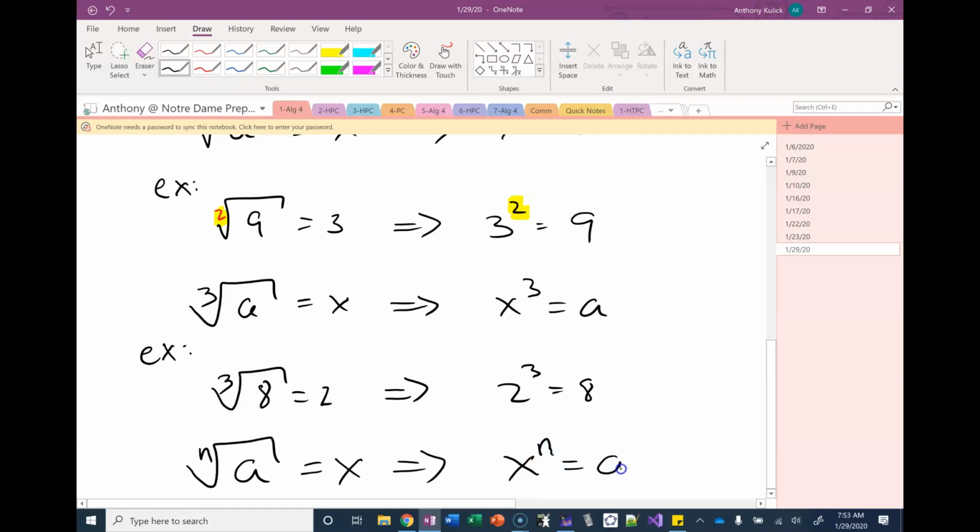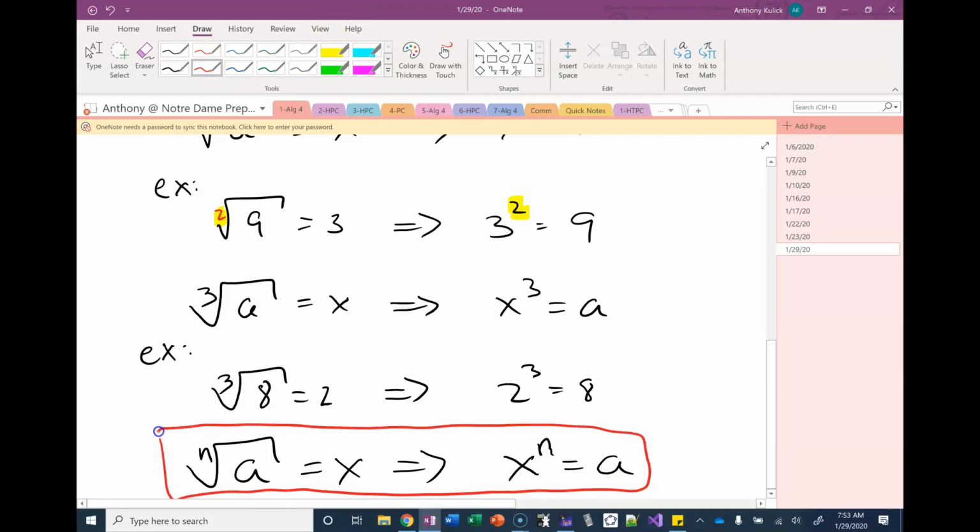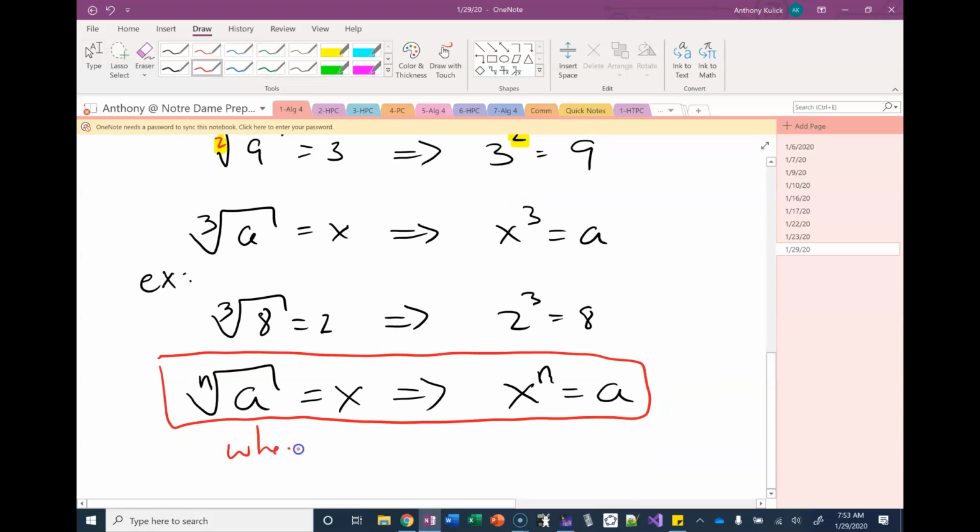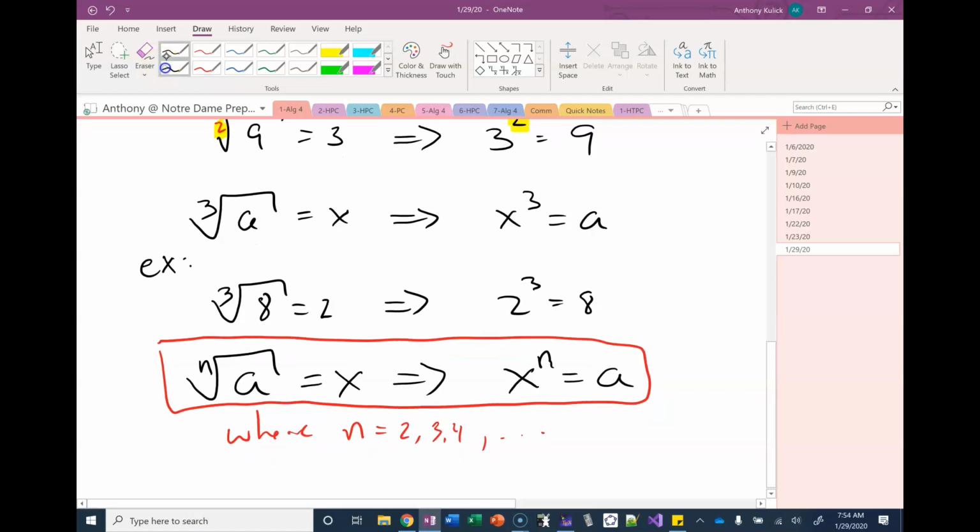That x to the n should equal a. This is how we would define a radical in the most general way possible, where n could be any of these positive whole numbers greater than 2. Is everybody okay with that idea? Okay.